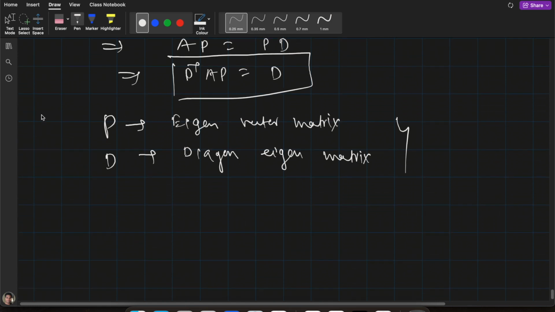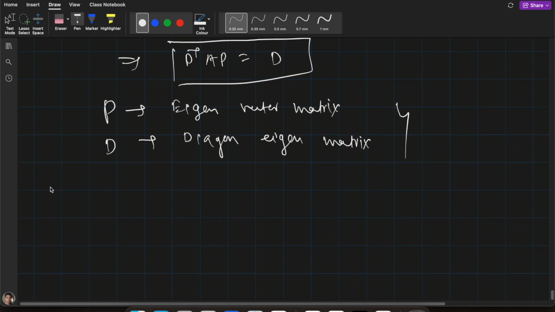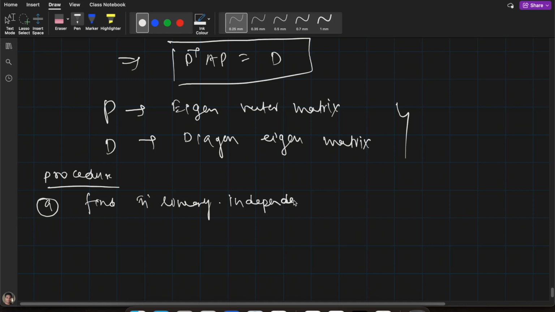Okay, so what is the procedure to find P and D? The first step is to find n linearly independent eigenvectors. Why should they be linearly independent? Can someone tell me?